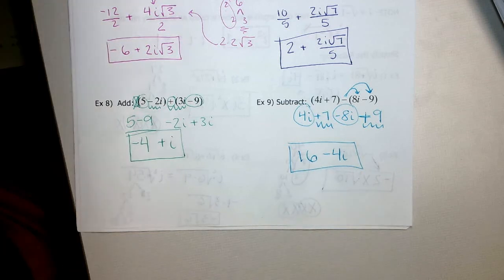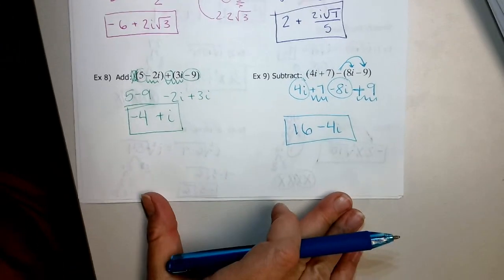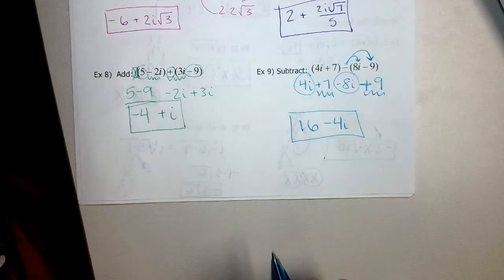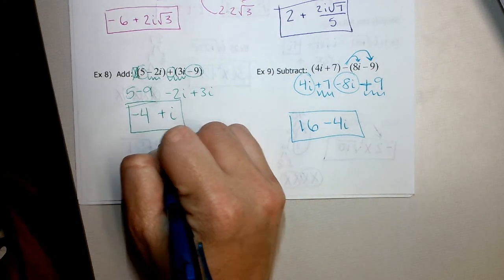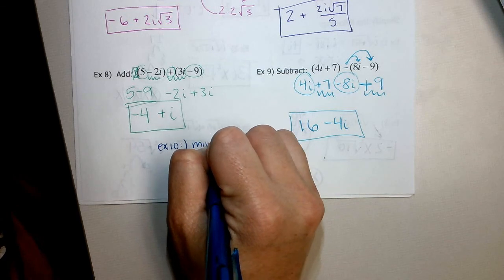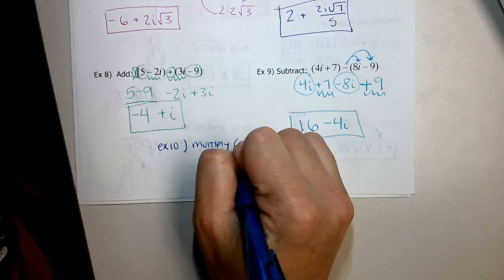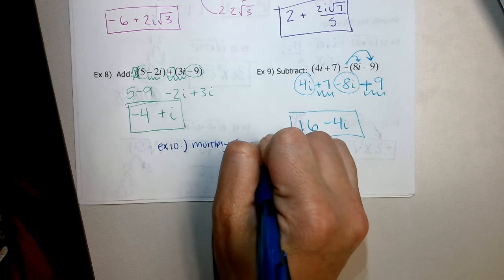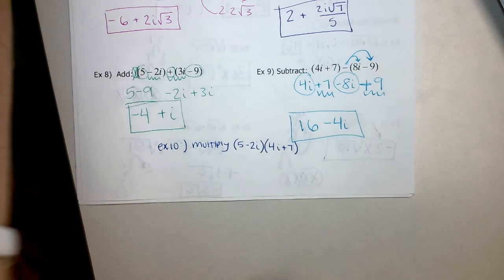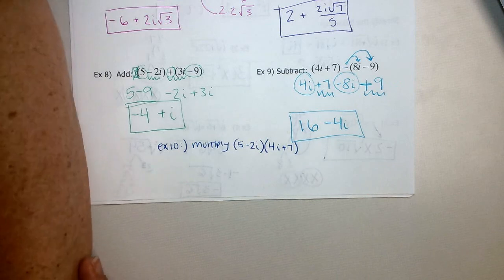Okay, one more before you move on, and then I'll go back, Victoria, and answer your question. Sorry. Okay, so what if I have multiplying? What do I do here?